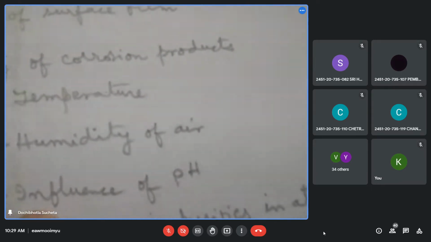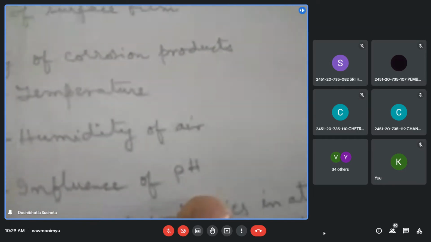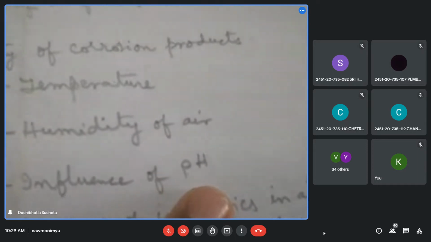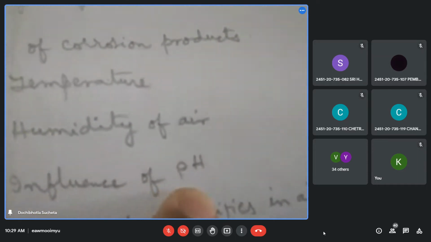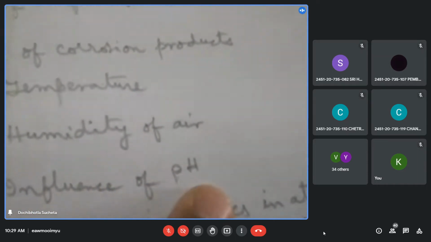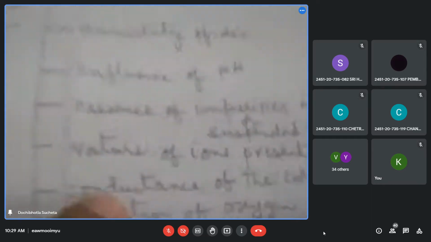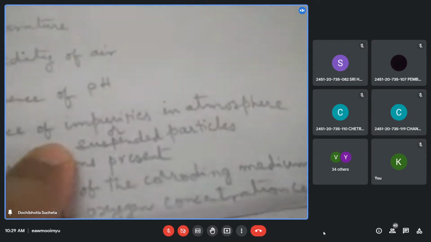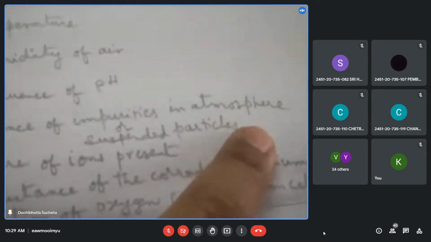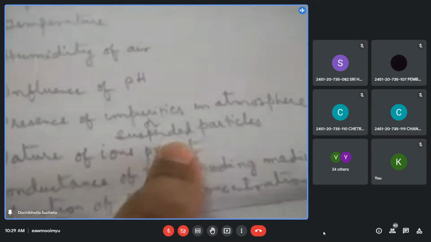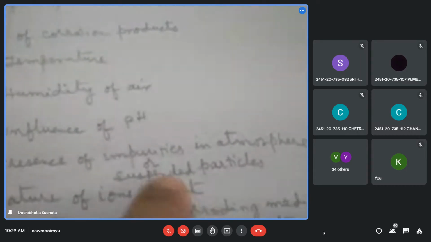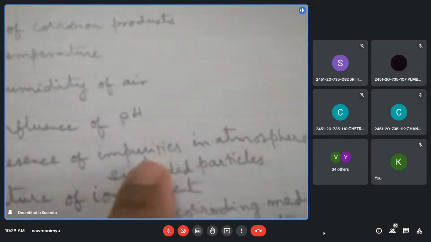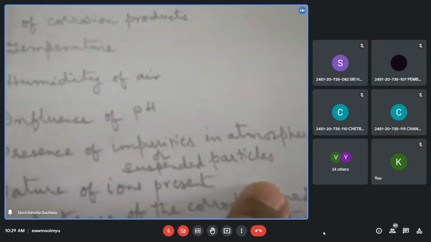Next, influence of pH. The next one is presence of impurities in the atmosphere or suspended particles. Please write this.